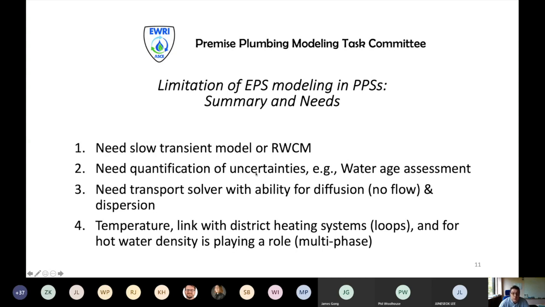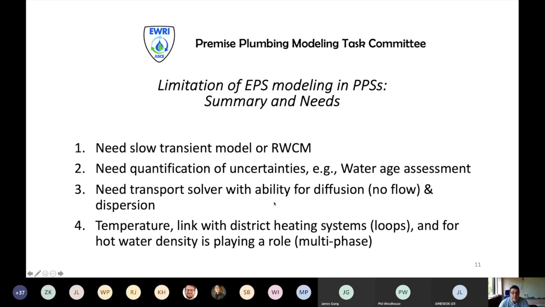This is very useful, especially inside premise plumbing systems, to have the min-max envelope, lower and upper limit for the water age, and also to understand the impact of the uncertainty.